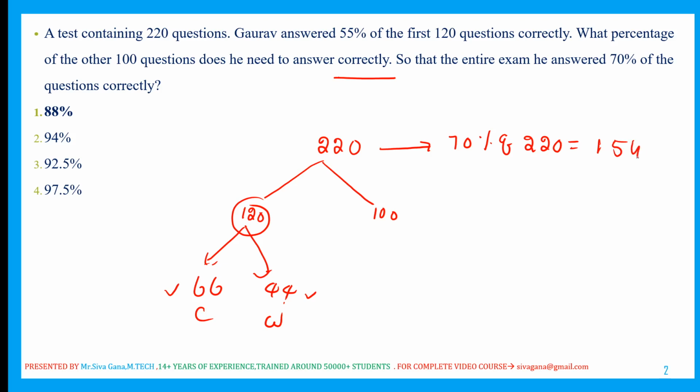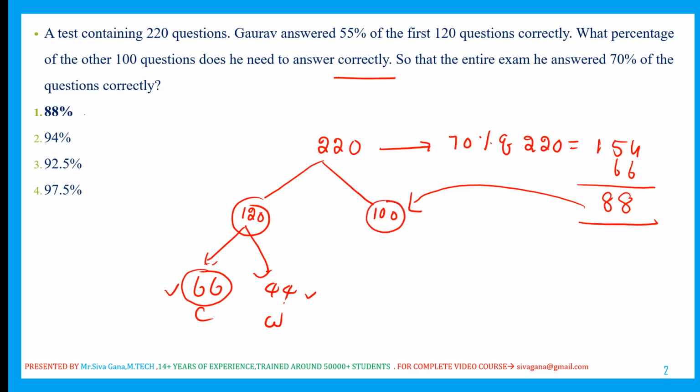So in total Gaurav has to answer 154 questions correctly. Already answered 66 correctly, so the rest he needs to answer correctly is 88. These 88 questions need to be answered correctly from these 100 questions. The percentage is 88%.